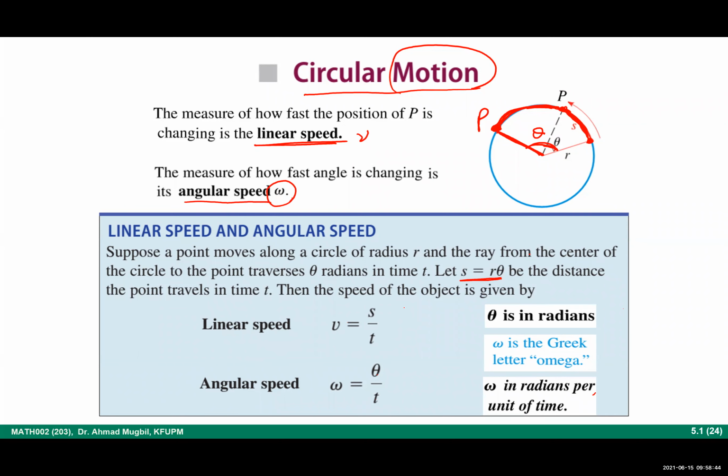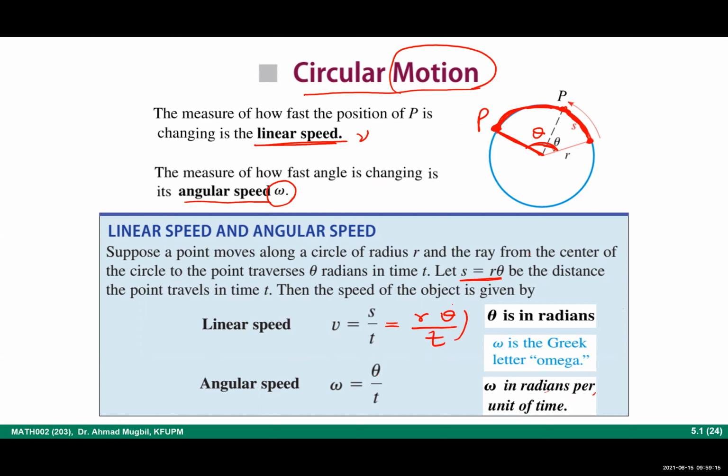Now the units of the linear speed are the usual units: meter per time, for example meter per second. What are the units of the angular speed, Shabab? Theta is in radians, per time, for example radian per second. So the units of omega are radians per time. Now, what is s? s is r theta, so the linear speed equals r theta over t.